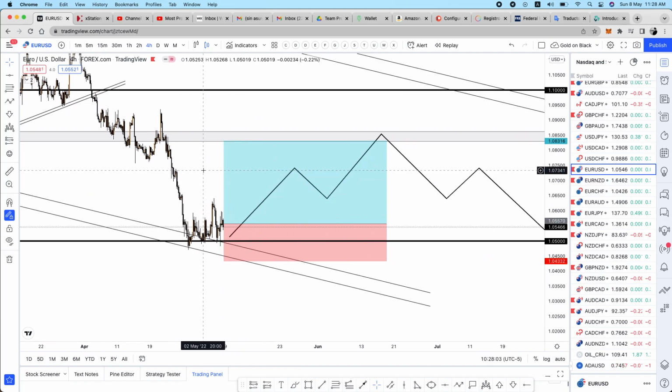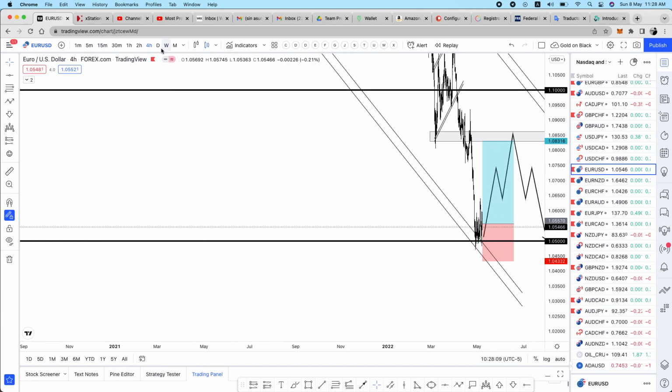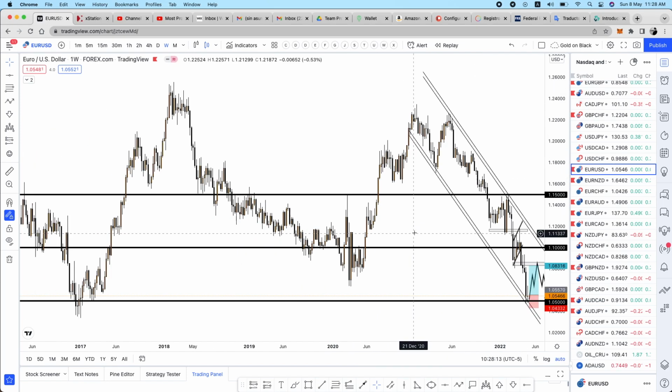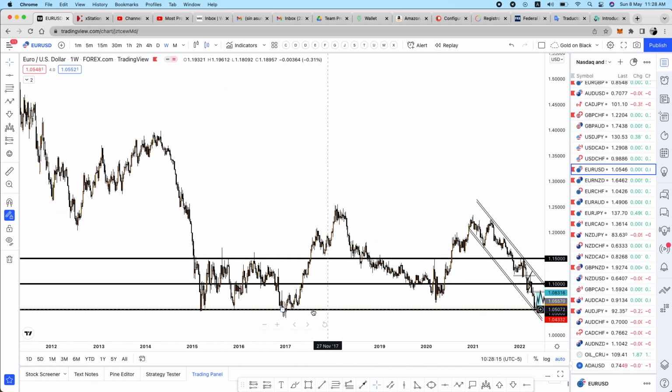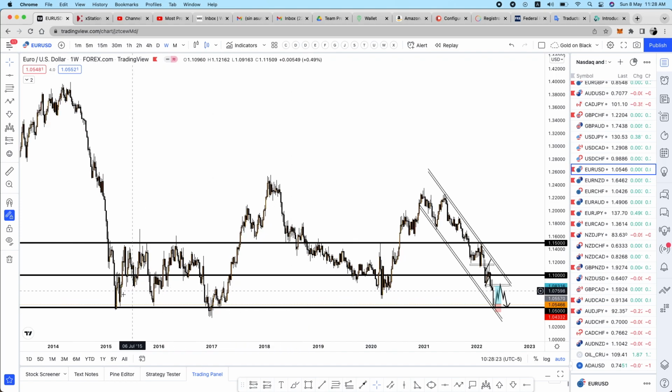As I mentioned, you are at a psychological level. It's been a very strong support in the past. If you go on a weekly, you remember every time the market reached this area, it was just bouncing back up. Not necessarily means it will do it again, no, but it's a very strong support, and the market could bounce.